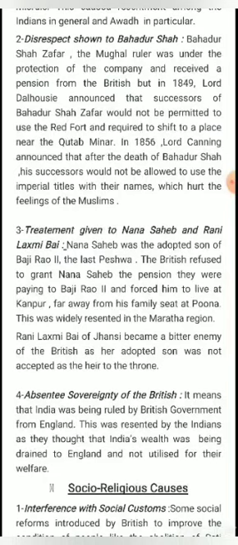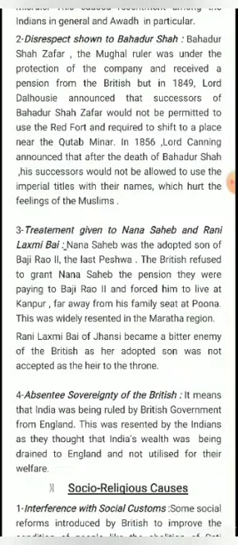Because of this, they forced him to live at Kanpur, far away from his family seat at Pune. This was widely resented in the Maratha region. Rani Lakshmibai of Jhansi became a bitter enemy of the British as her adopted son was not accepted as the heir to the throne.